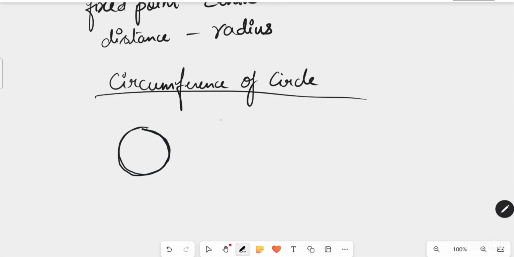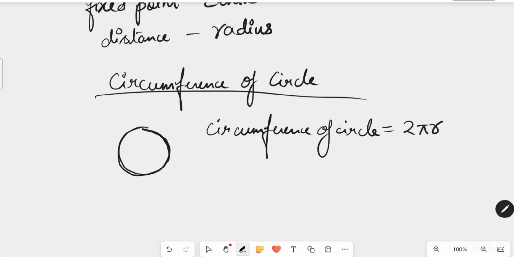So circumference of the circle is 2 pi r, and circumference of semicircle is pi r plus 2r.